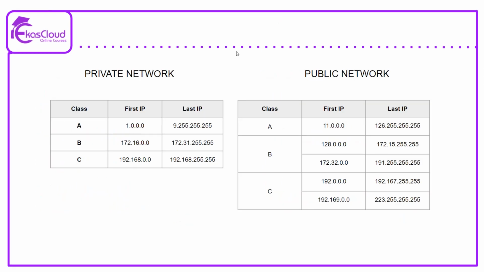We also need to mention that we basically have 2 types of networks. One is the private network. We can build our own private network within a house or within an organization, and then we can decide which IP addresses are going to be used.